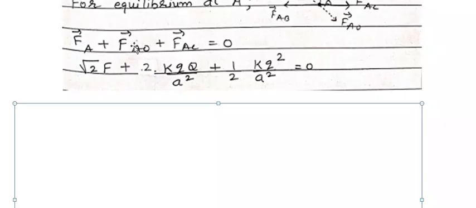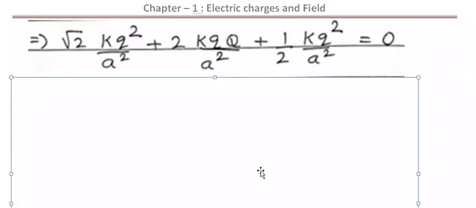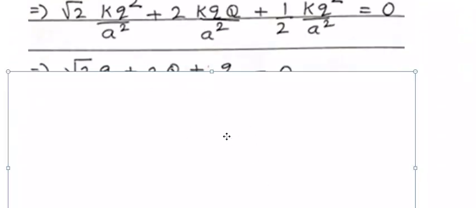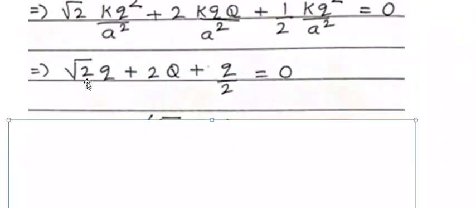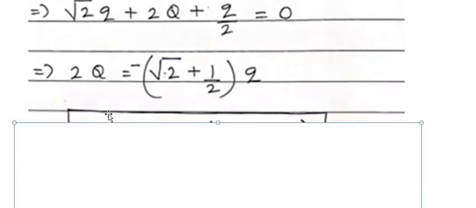This we have already solved by using this formula, and after solving this we will get root 2 into Q plus 2 into capital Q plus Q by 2 equals 0. All the common terms are taken as common and it will be 0.